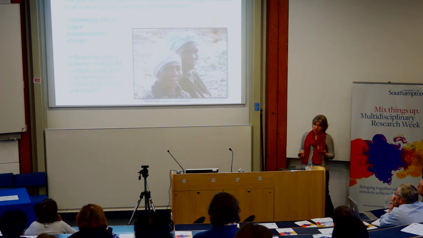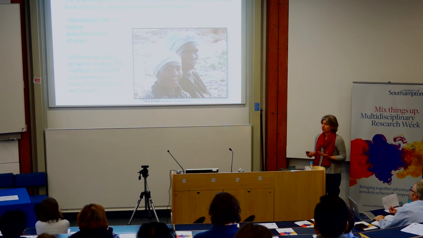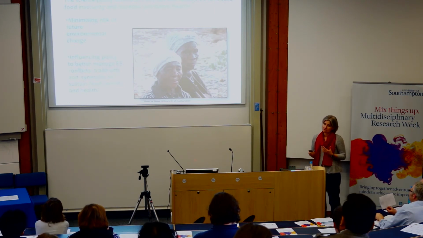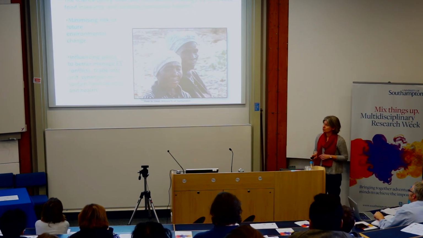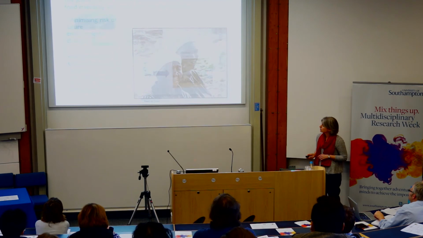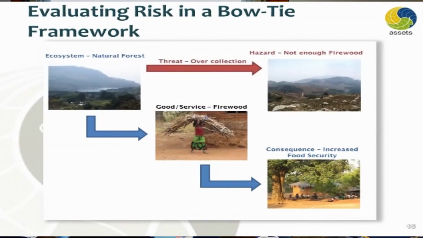So planning brings us to our third theme, which is about the science policy interface and trying to make the right level of information available to policymakers. And here's an example of how risk management can be done using a bow tie framework. In a normal, well-functioning ecosystem, you've got your firewood, which can be sold or used for cooking directly.